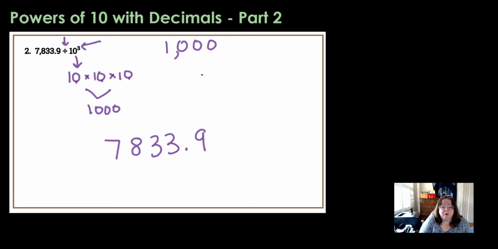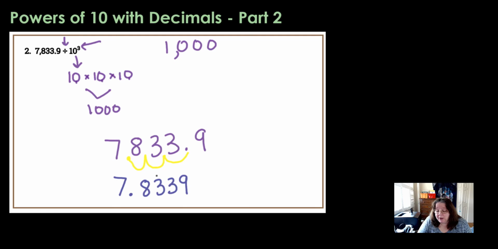So we know we're going to move our decimal point 3 places to the left. Let's do that: 1, 2, 3. And you can see now why I left off that comma, because it was going to be in the way. So if we put the decimal point there, our number becomes 7.8339, which we would read as 7 and 8,339 ten-thousandths.